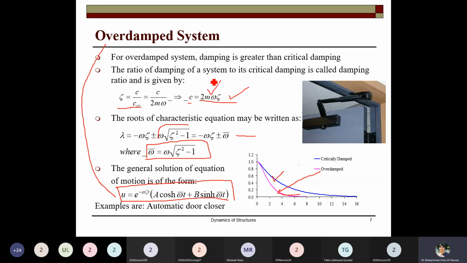Now the roots of the equation can be determined. Lambda. Here in this case, the discriminant is not 0, so it will be present, and omega is there.